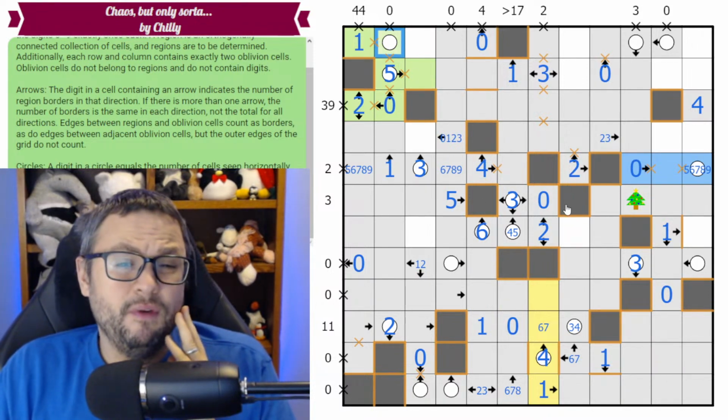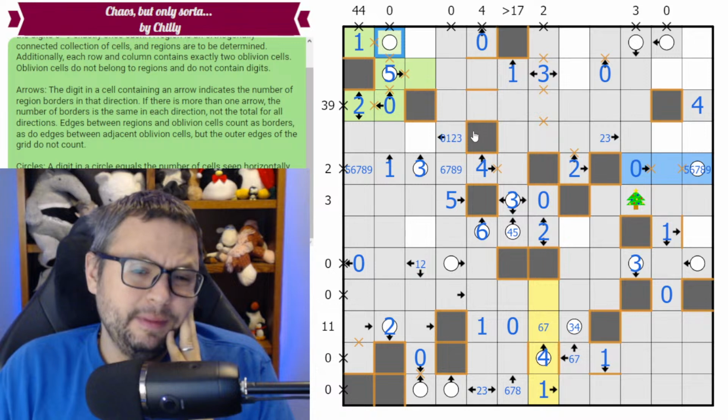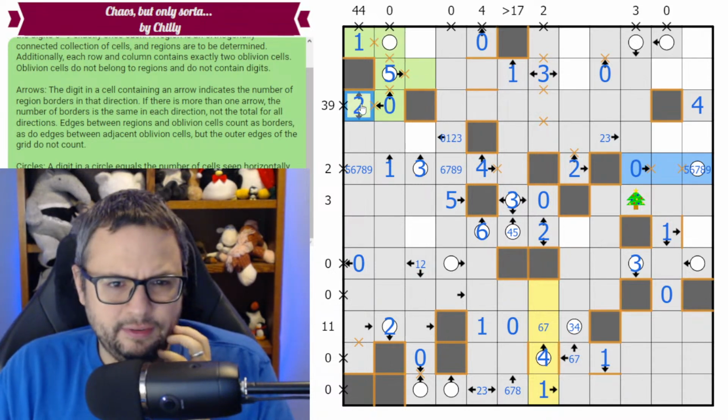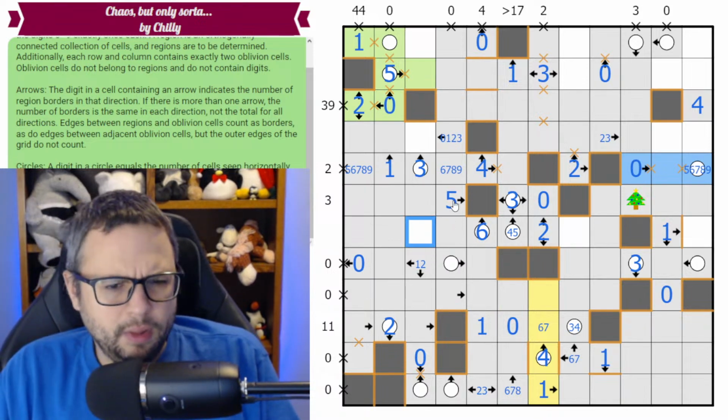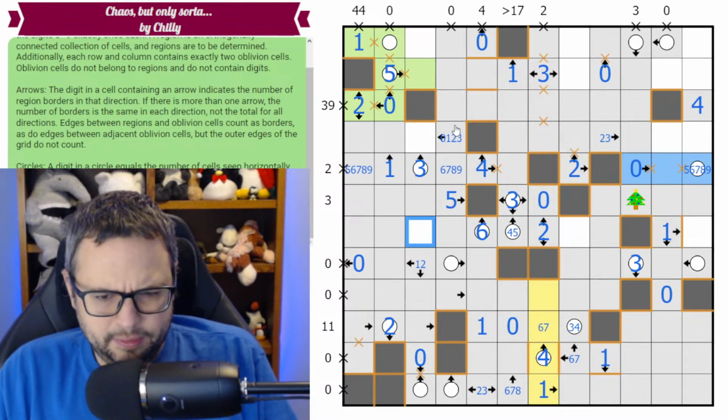This number is at least 4. And how many cells does this not see? There's 2 cells so far that it doesn't see. So I guess we don't get a whole lot of buy-in on that.